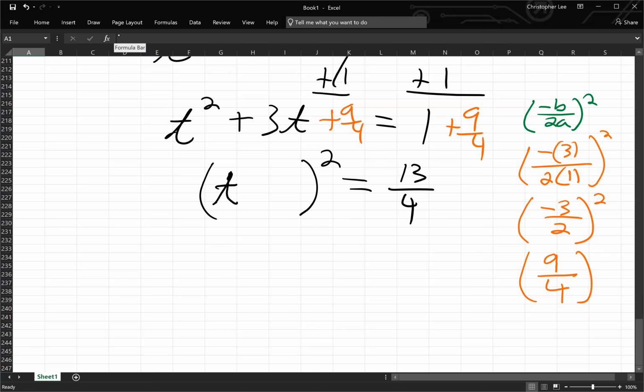Not 3t. It's 3 over 2 plus 3 over 2, right? Because you're squaring it, a negative times a negative is a positive.